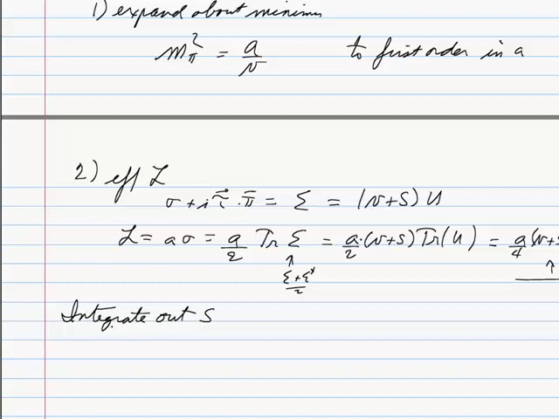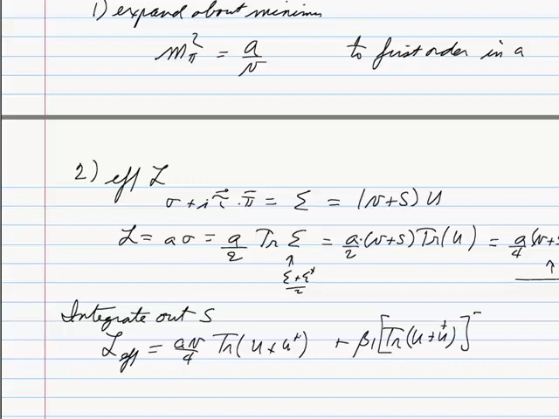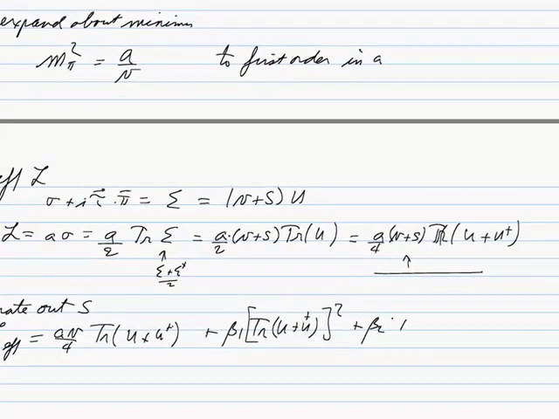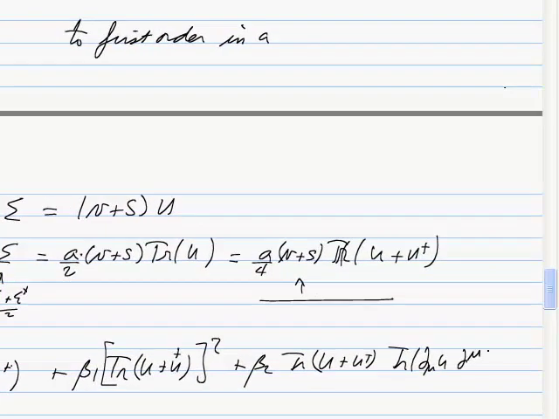And you know the answer is going to have the form L effective is A V over 4 trace of U plus U dagger, plus then there'll be some coefficient beta 1 times trace of U plus U dagger, squared, beta 2 trace of U plus U dagger times trace of d mu U dagger, etc. Okay, so you can get these terms.